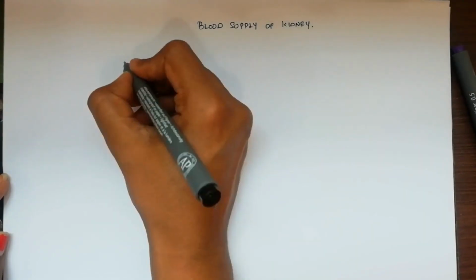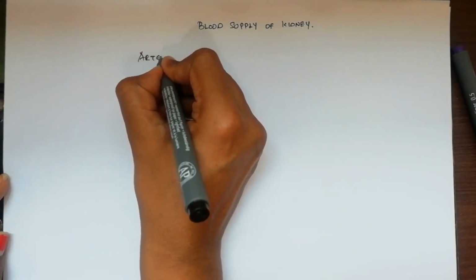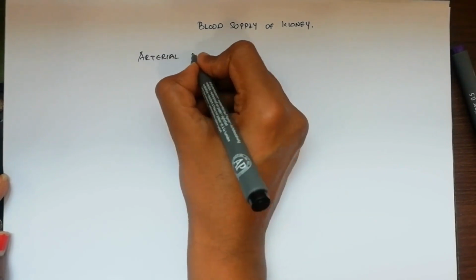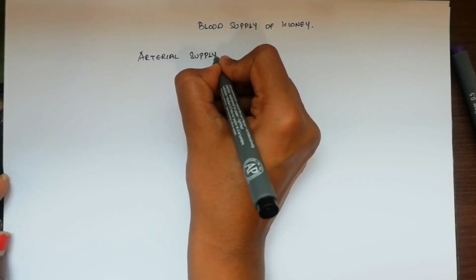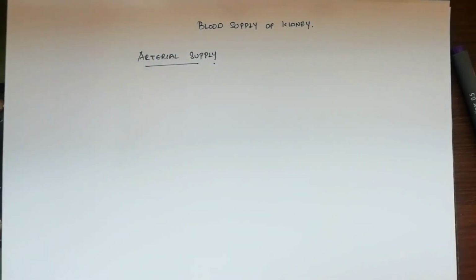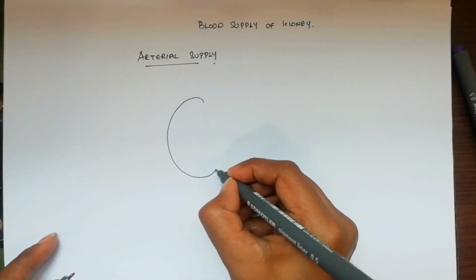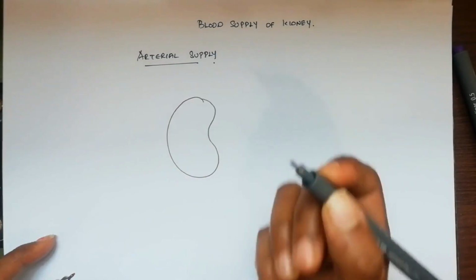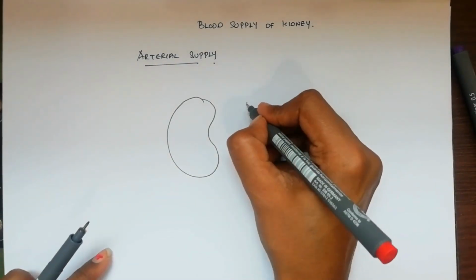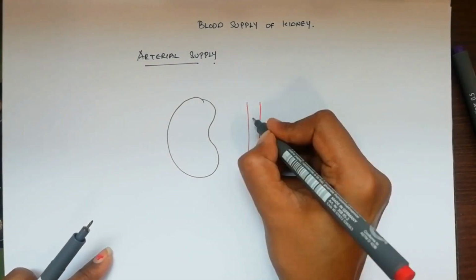First we are going to see arterial supply. Talking about arterial supply, we have got aorta and I am showing a right kidney. So we have got in the median aspect aorta.